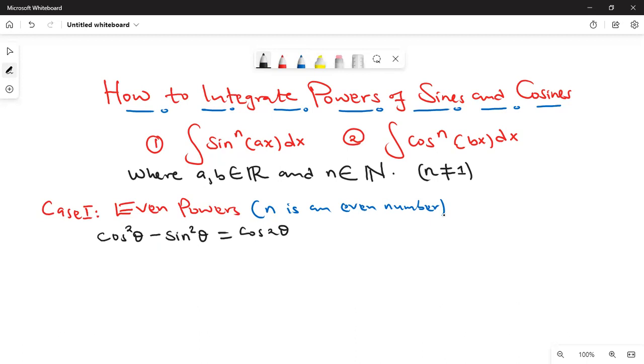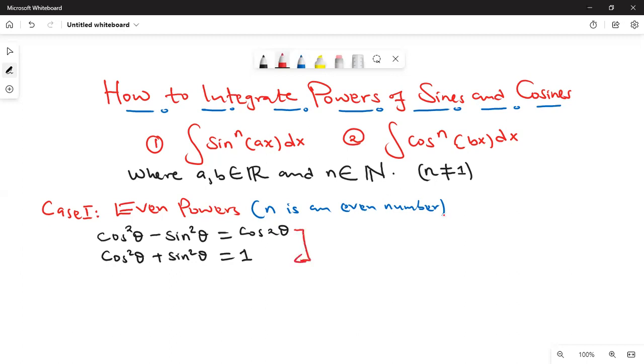Another identity is cos squared theta plus sine squared theta is equal to 1. So if I want cosine squared theta, this is what I'll do. If I add the two equations, I am going to get an identity for cosine squared theta.